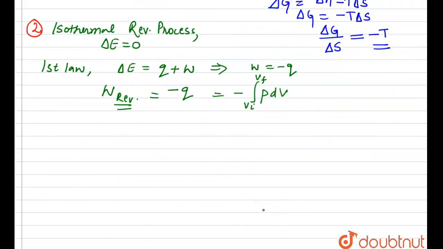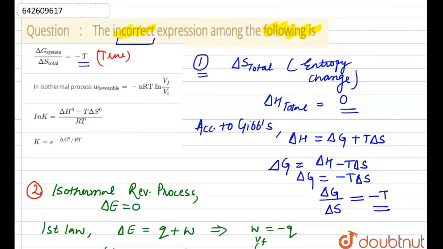So we come to the conclusion that work done in the reversible process equals minus nRT log of final divided by initial. So the second option is also true.